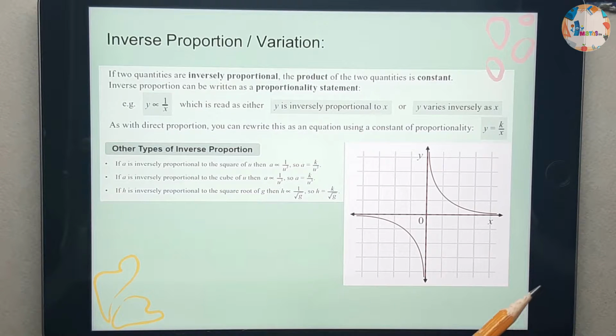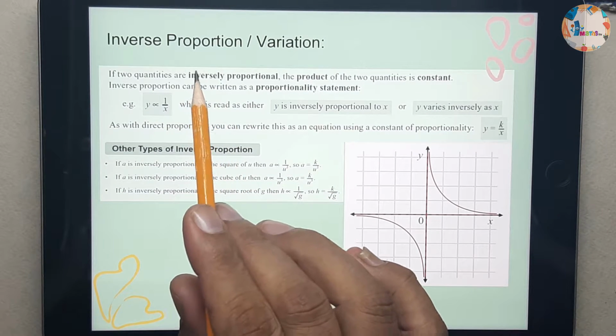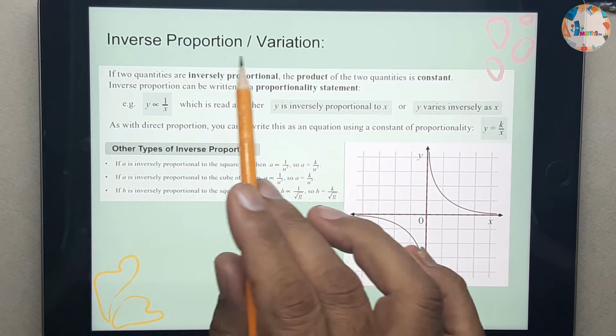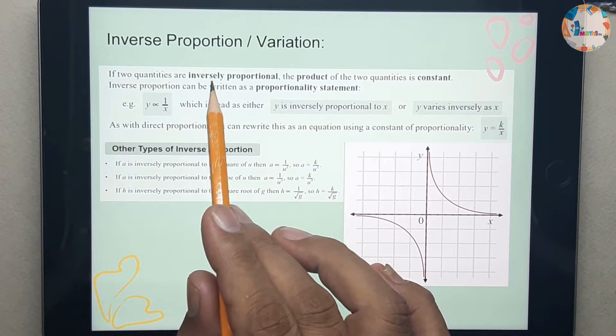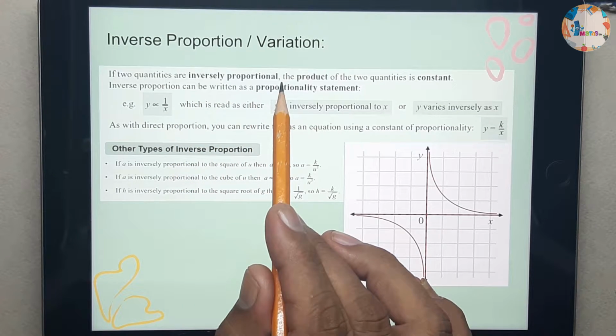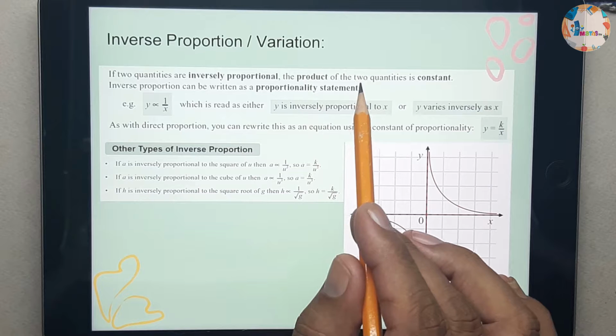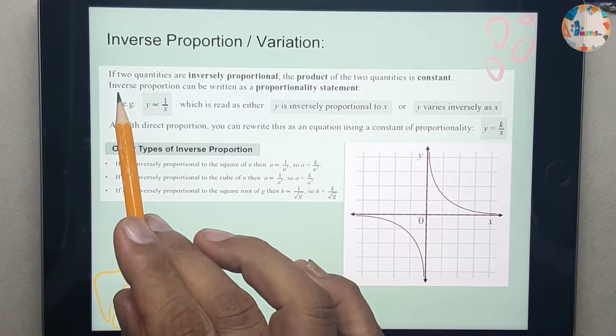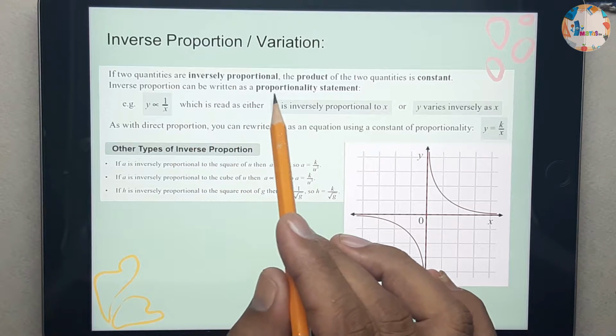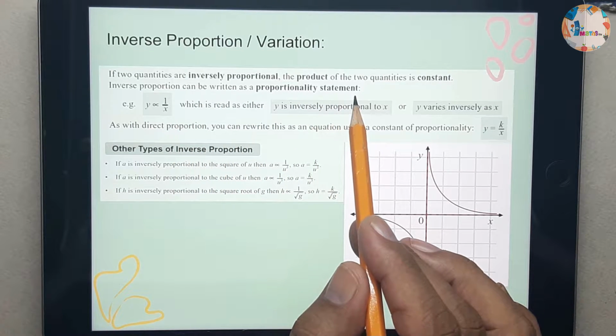Now in part 2, we will be going through inverse proportion, also known as inverse variation. If two quantities are inversely proportional, the product of the two quantities is constant. Inverse proportion can be written as a proportionality statement.